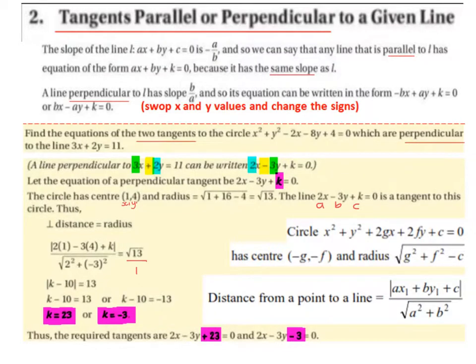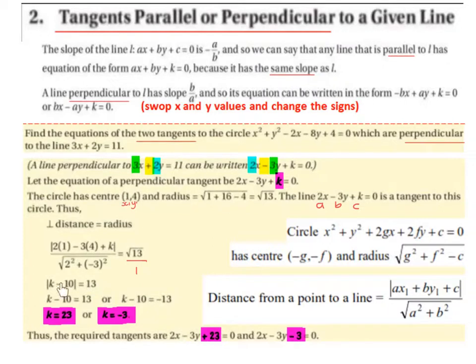So remember, I have the modulus of minus 10 plus k, or k minus 10 as my numerator. And that multiplied by 1 is just the modulus of k minus 10. And then remember, I have root 13 as my denominator. And root 13 times root 13 is 13. So we end up with the modulus of k minus 10 is equal to 13.